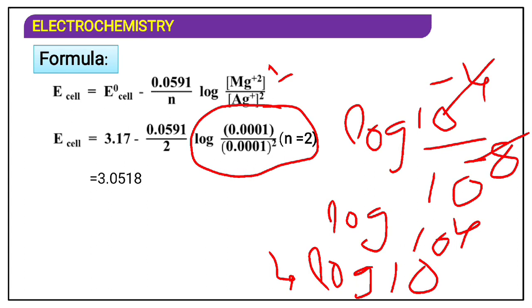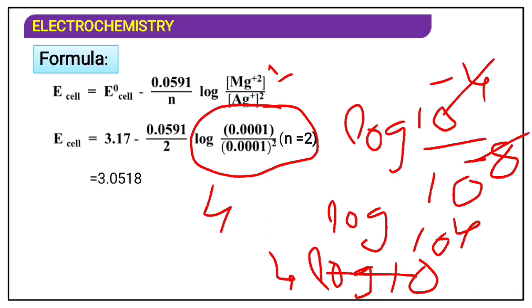Log 10 is equal to 1. Then what do we have remaining? We have remaining 4, since log 10 is equal to 1. Then the entire value of that log 0.001 divided by 0.001 square becomes 4. That is the value of the log term.